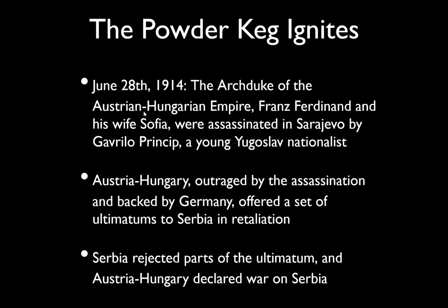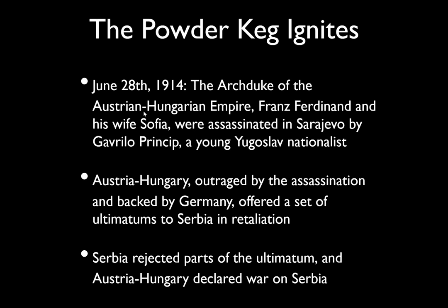So if we describe the nationalism and the alliance system as dynamite, as the dynamite inside an explosive, inside of a bomb, then now we need to talk about the fuse and the spark that lighted the fuse. And so that's what this is right here. So what was the fuse? What kind of blew things up?